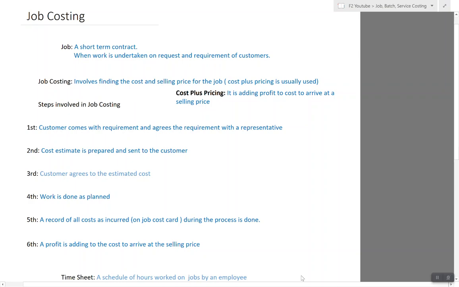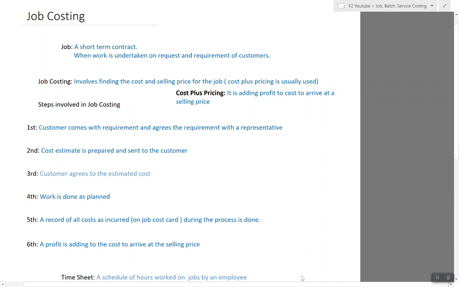The wood that the carpenter would be using, the time that he is using, all the overheads that are used, a record of that will be done. And then at the end, a profit would be added based on the agreed amount from the beginning, so the selling price can be found.